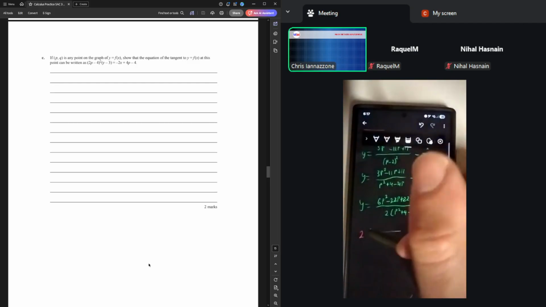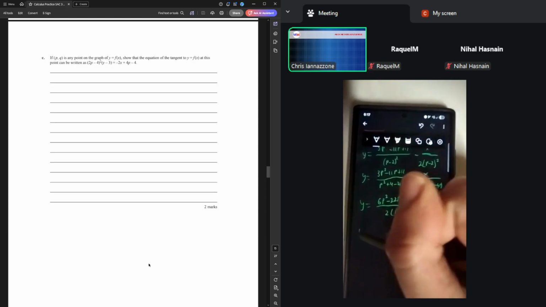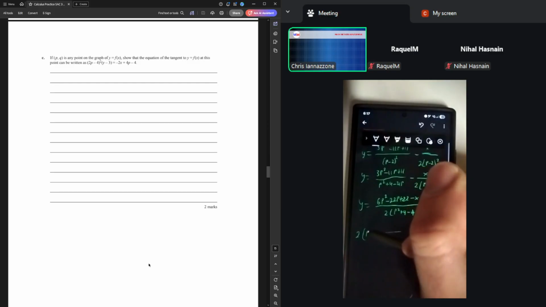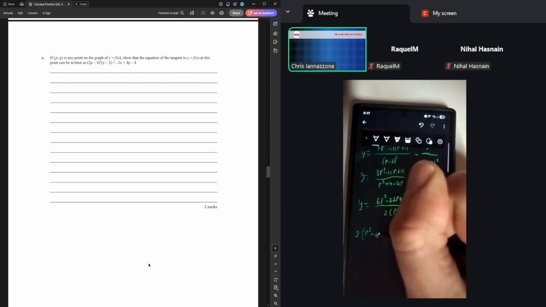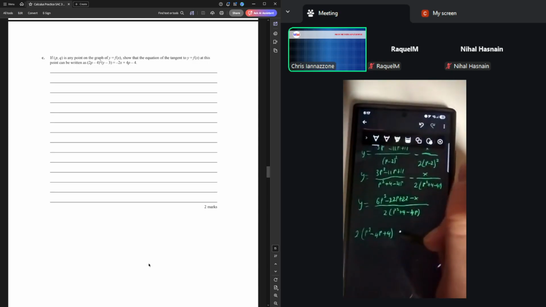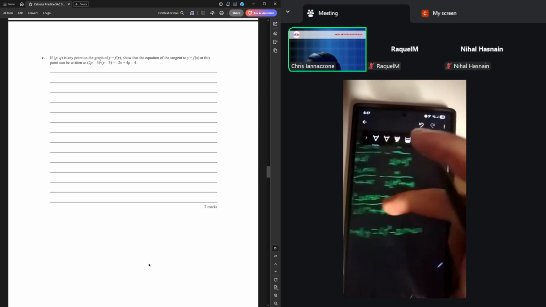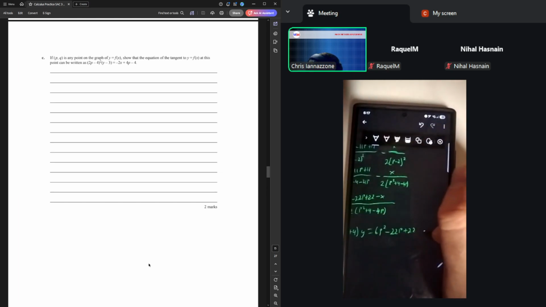So something like 2 (p squared minus 4p plus 4) y is equal to 6p squared minus 22p plus 22, and that's minus the x.